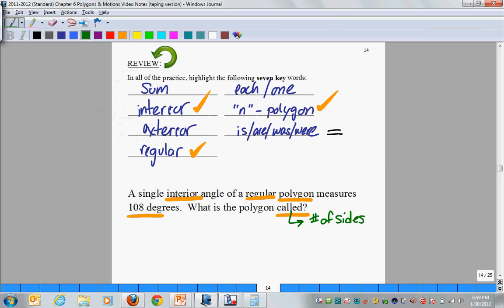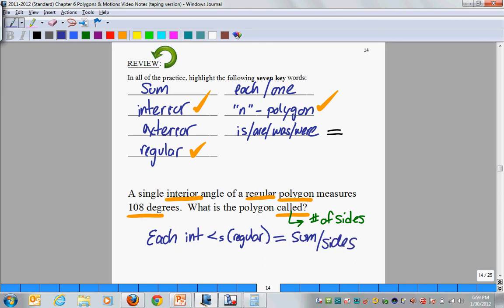All right, let's see what we can do here. It says a single interior angle of a regular polygon measures 108 degrees. Well, we know the equation for each interior angle, when it's regular, is sum over the number of sides.